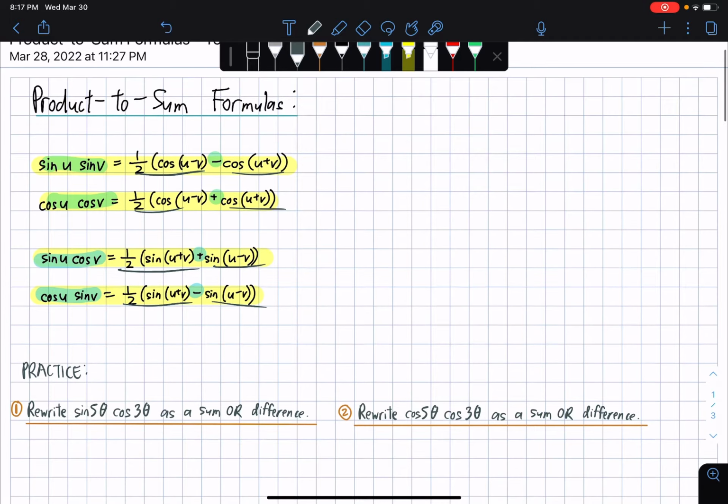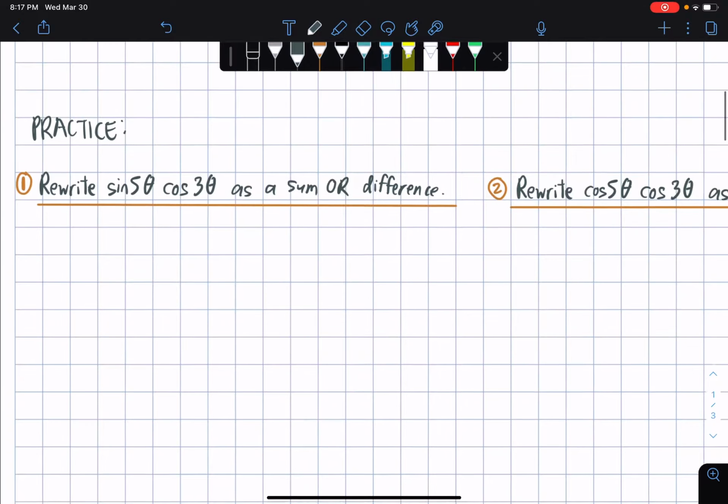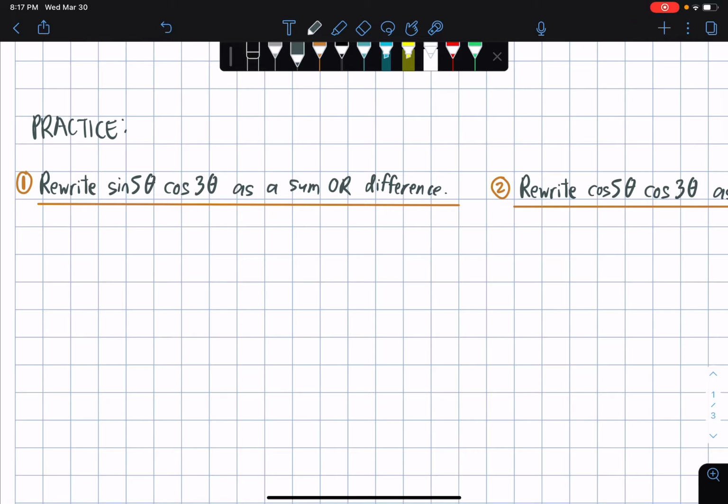So let's try to apply the product to sum formulas. For practice number 1, we have to rewrite sine 5 theta cos 3 theta as a sum or difference. Let's assume that 5 theta is our u variable and 3 theta is our v variable.